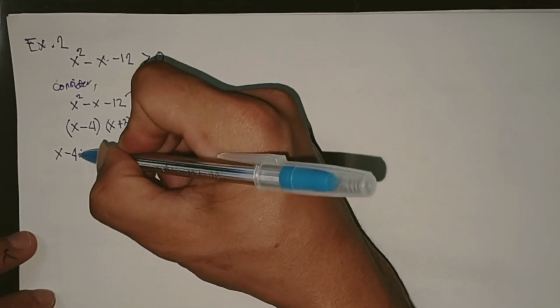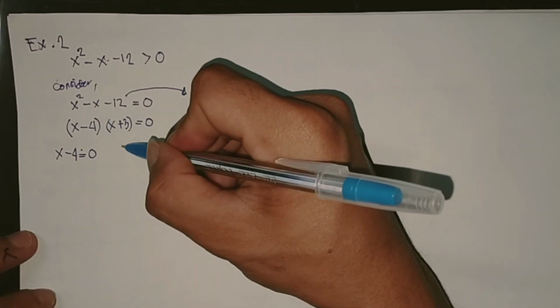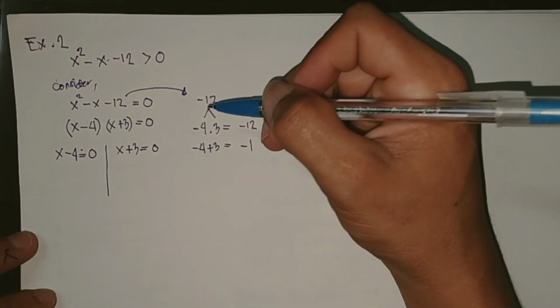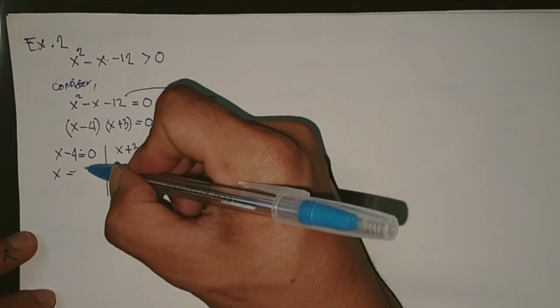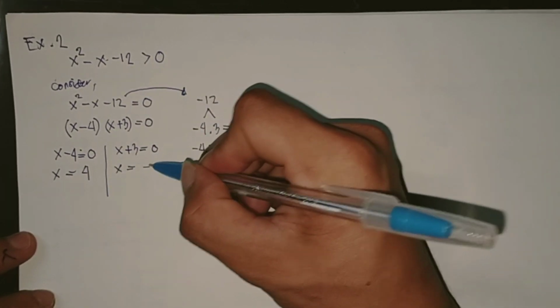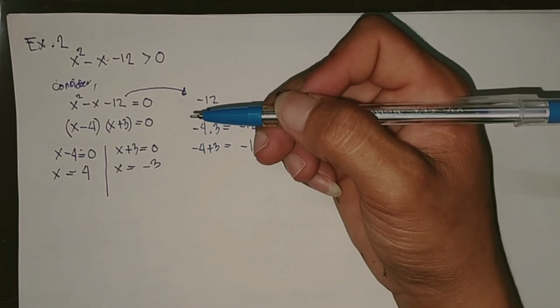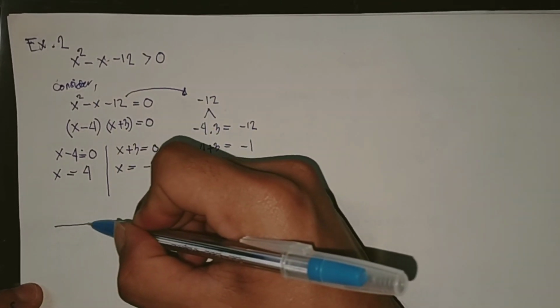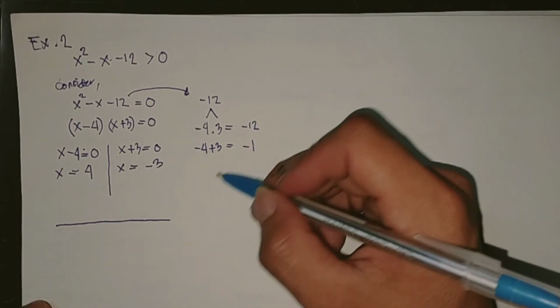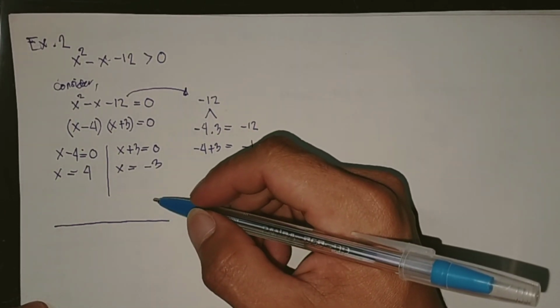Now, let's set the factors equal to 0 and solve for x to find the x values of the critical points of the graph. We have x equals 4, the first value of x, and x equals negative 3, the second value of x. Now, let's make a graph and plot the critical points on the number line.